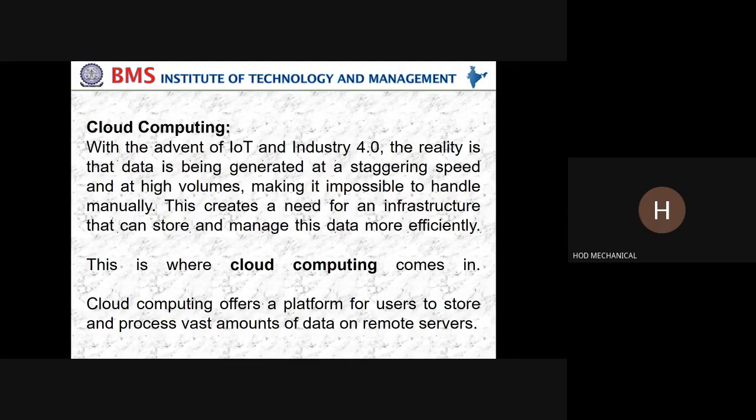You can access remote servers by paying some amount to the service provider, maybe AWS, the Amazon server, or the Google server. They are going to store your data, and to communicate with that data you pay some amount of money, rather than having an individual server which is going to cost you more. That is the general meaning.